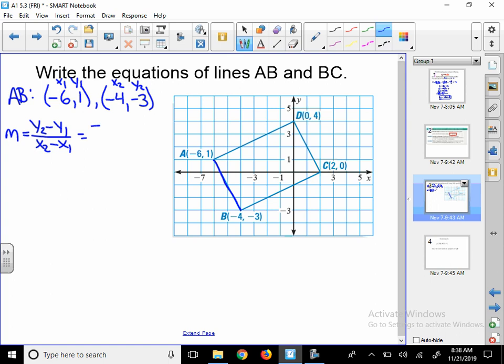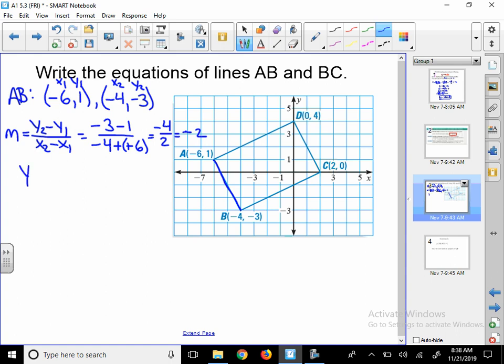So I'm going to take -3 minus 1 all over -4 minus a -6, which is going to give me a -4 over 2, which is -2. So I've got a slope of -2 here.